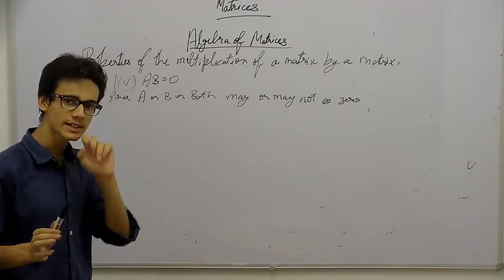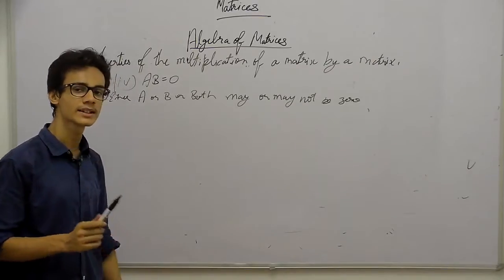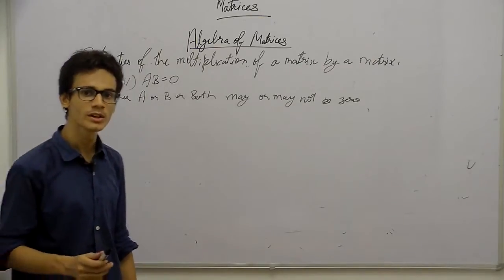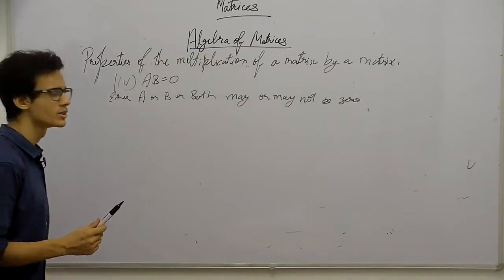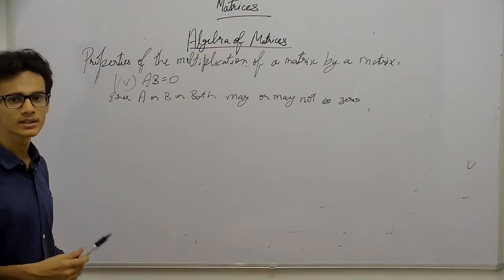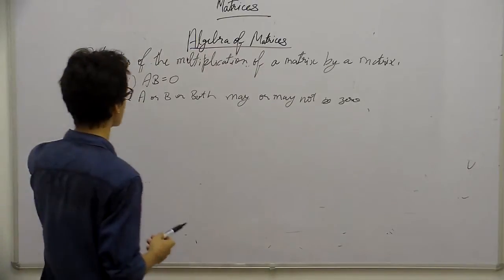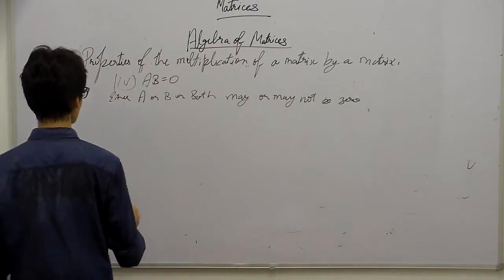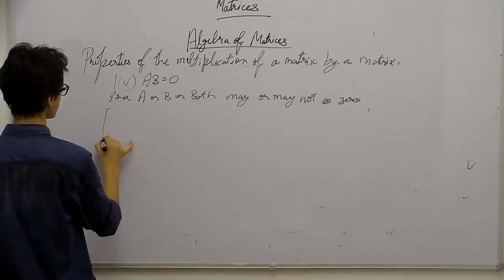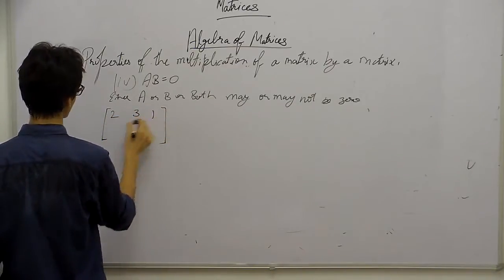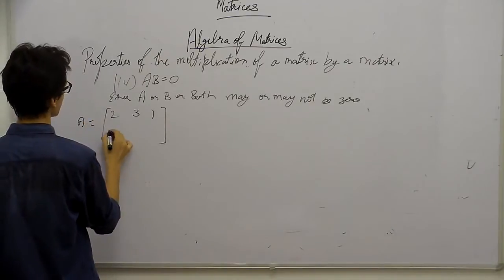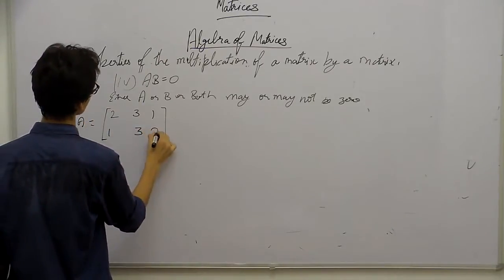We can have a case when matrix A into matrix B is equal to 0, but both matrix A and matrix B are not equal to 0. Let's take an example here to understand this. So let's say we have matrix A as 2, 3, 1 and 1, 3, 2.